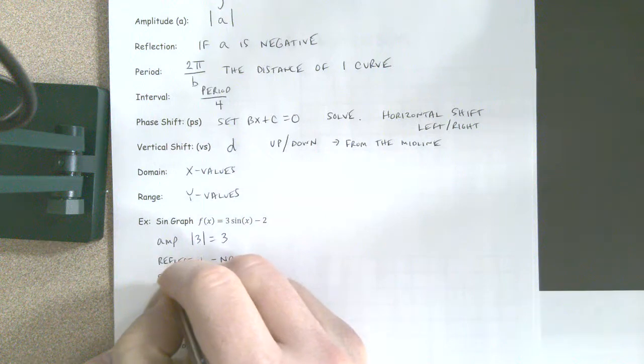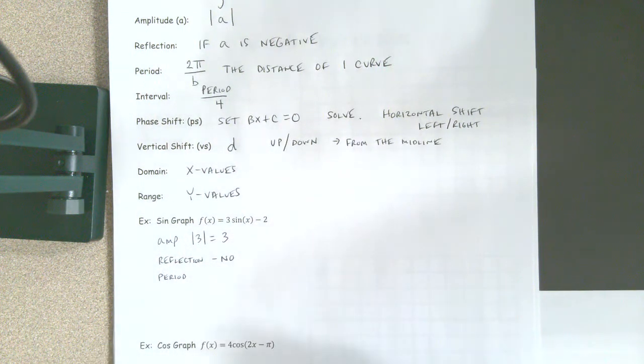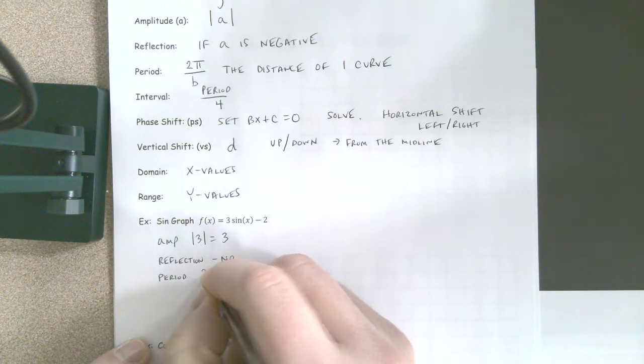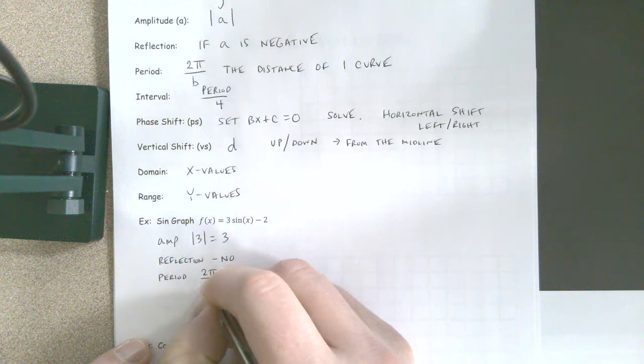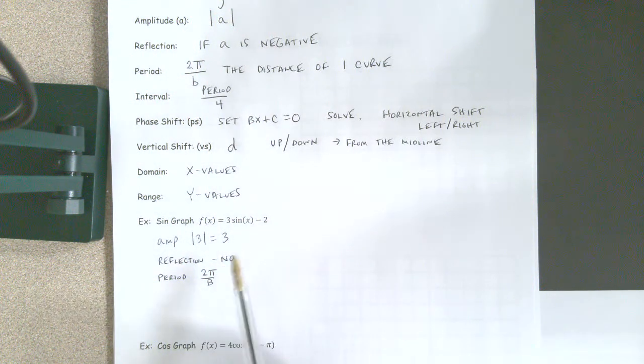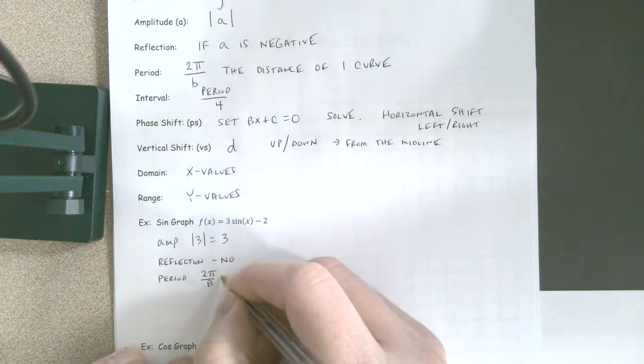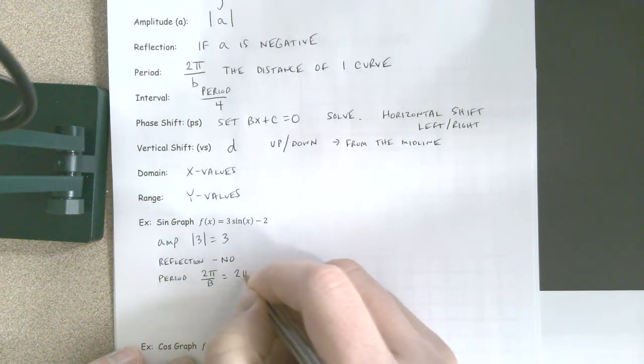Next, we're going to find the period. Remember the period, we're going to take 2 pi divided by b. Well, in my problem here, b, the value in front of x, is just 1, so that makes my period just 2 pi.